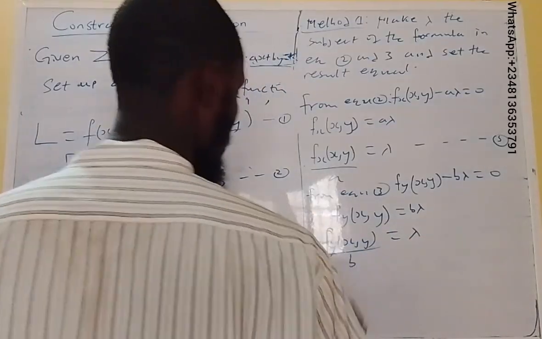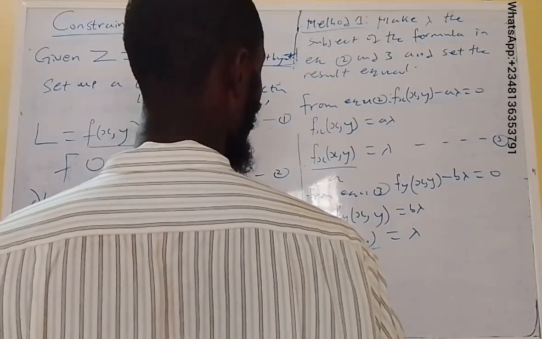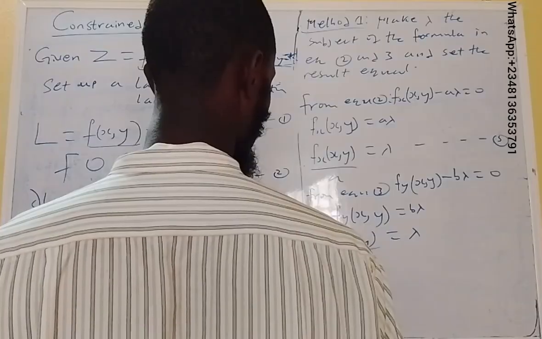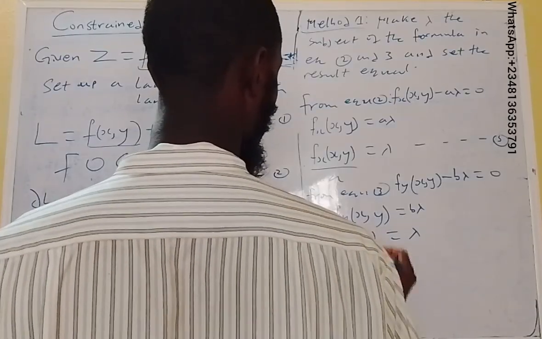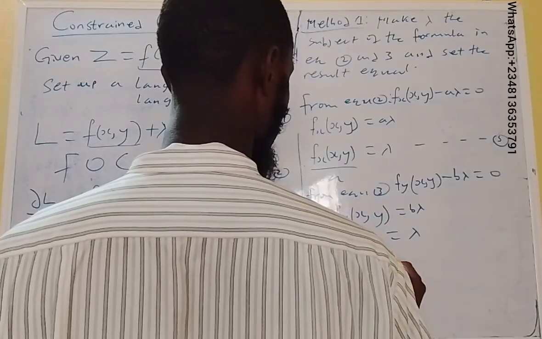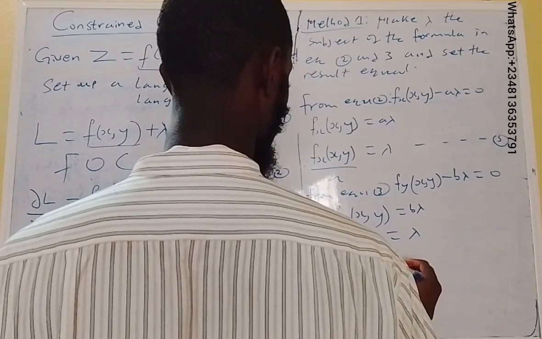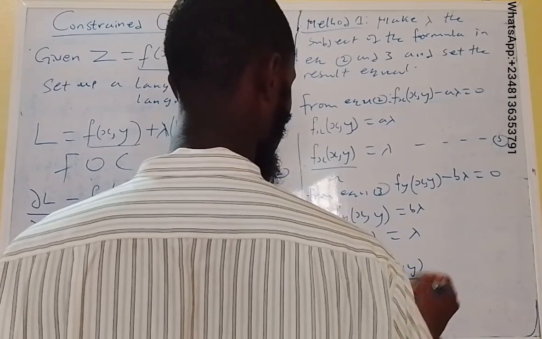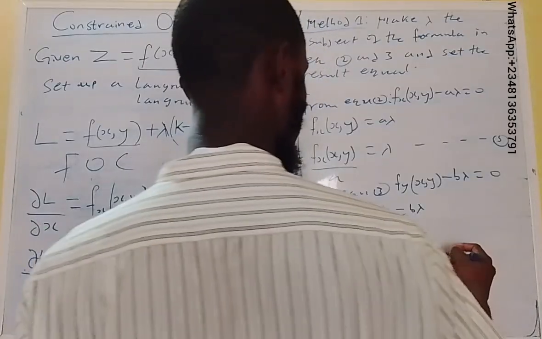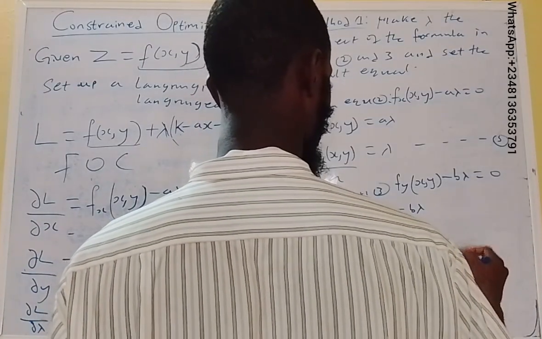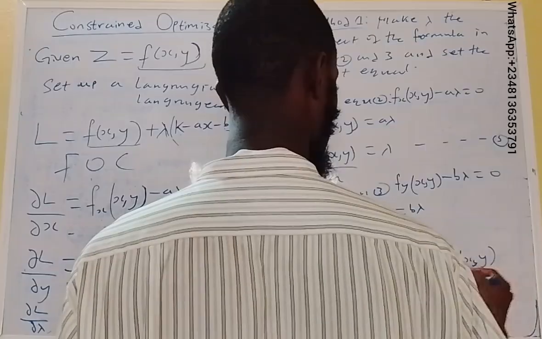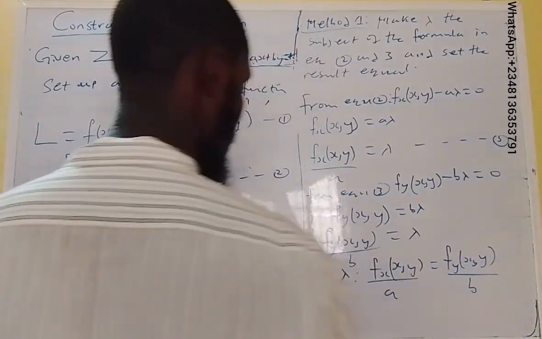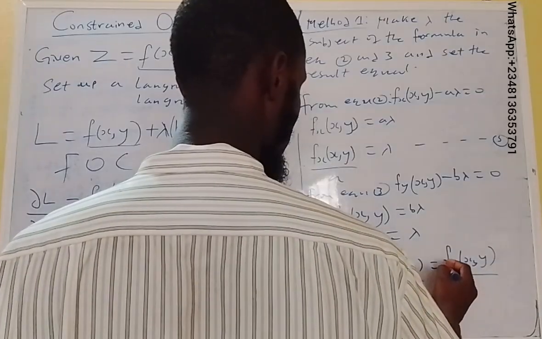So the first approach is to just equate lambda to lambda. In other words, I'm going to have f_x(x, y) over a equals f_y(x, y) over b. The next thing is to cross multiply.